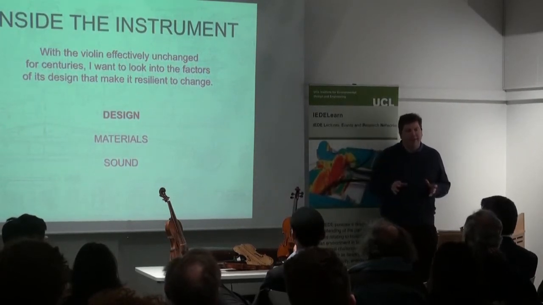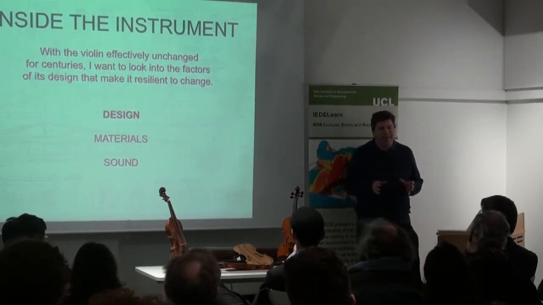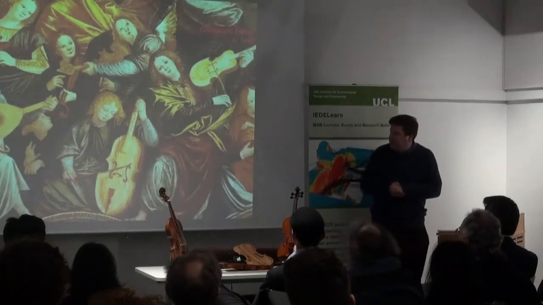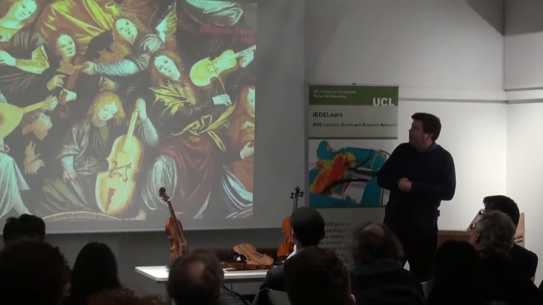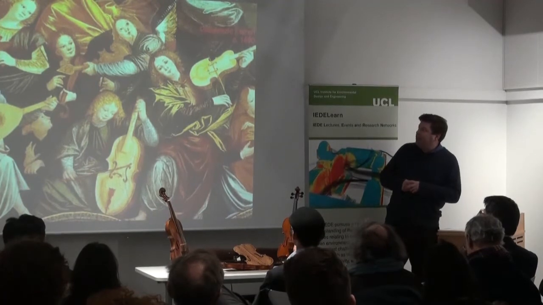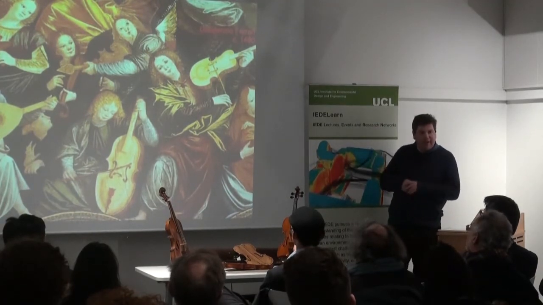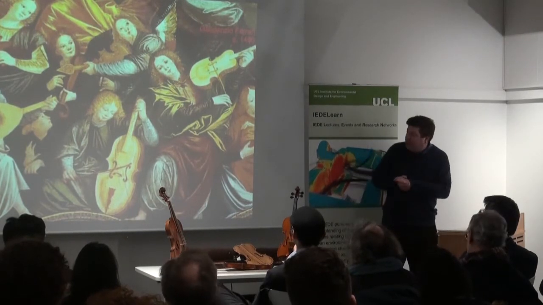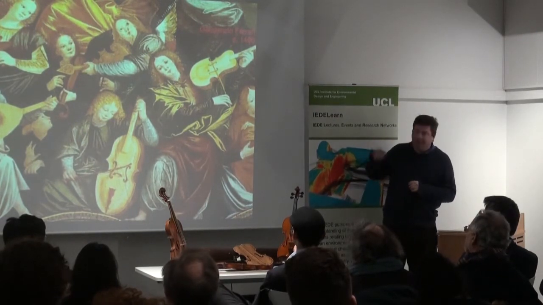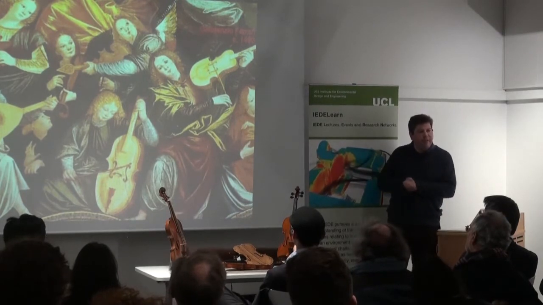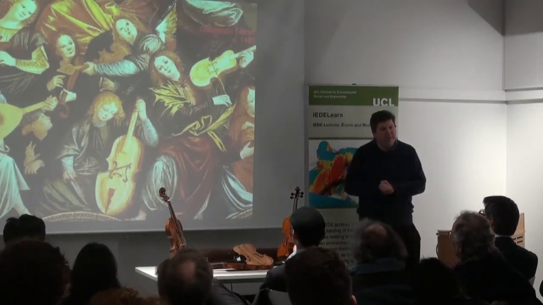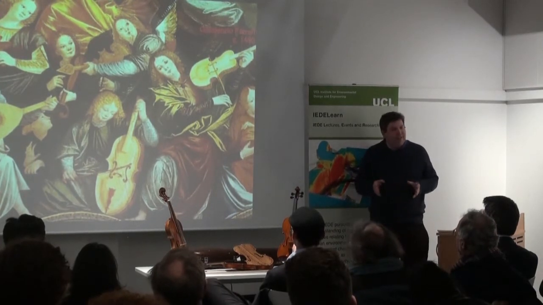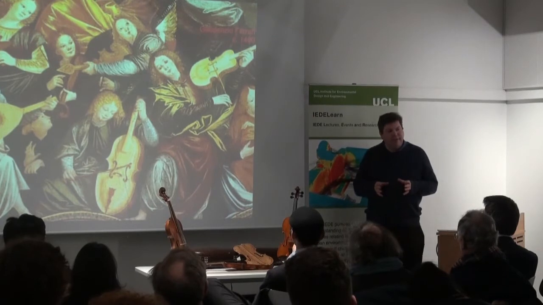We talk about the violin being invented around about the 1560s, but I think you see here, for example, this is actually from 1513. This is a fresco in a church in Ferrara, and you see already that there are highly developed instruments which look very, very similar to the kind of violin that we know today. In fact, this tells us a great deal about early 16th century ideas of musical instruments.